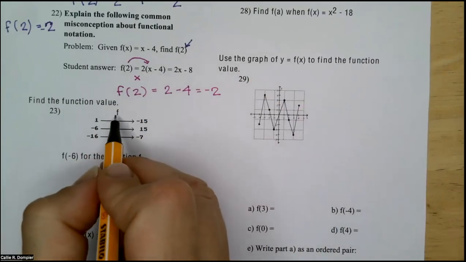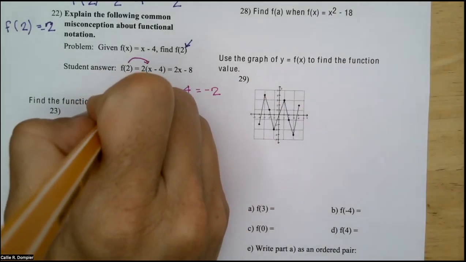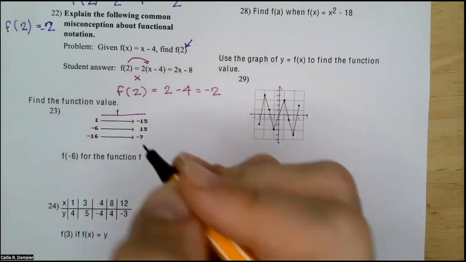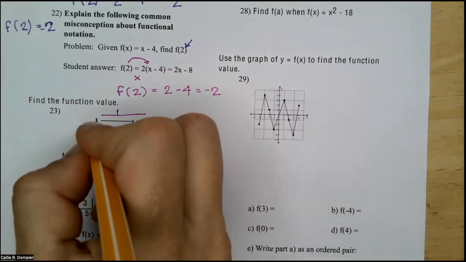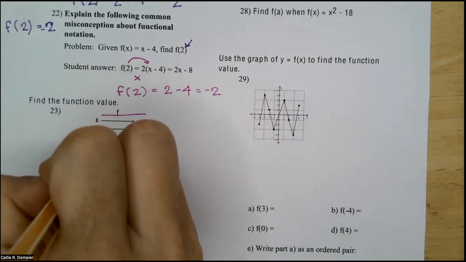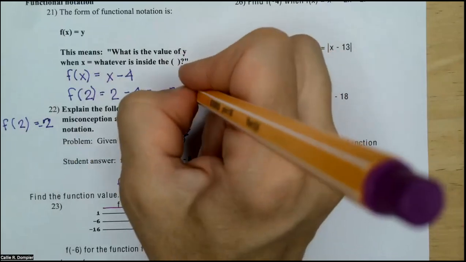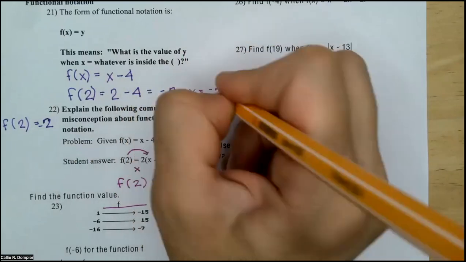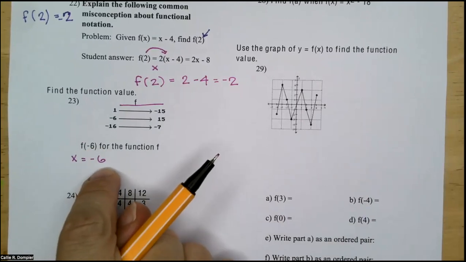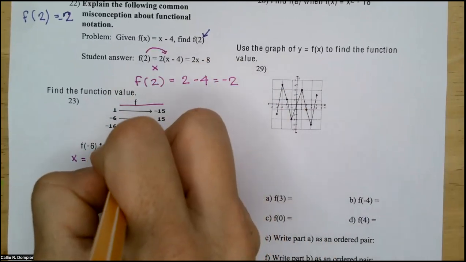Find the function value. We have f as our function. We can call it f of x, or we can just call it the function f. F of -6 means x is -6, just like f of 2 means x equals 2. When x is -6, what is y?